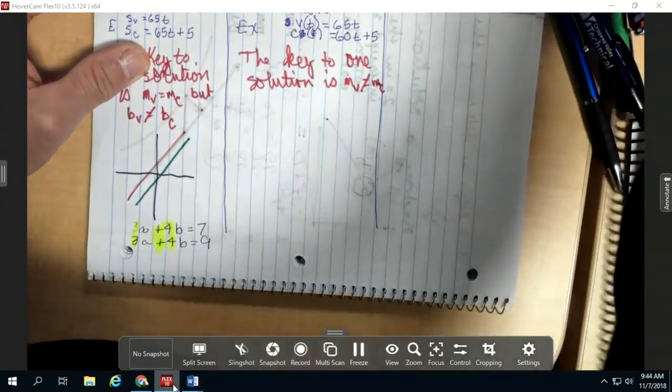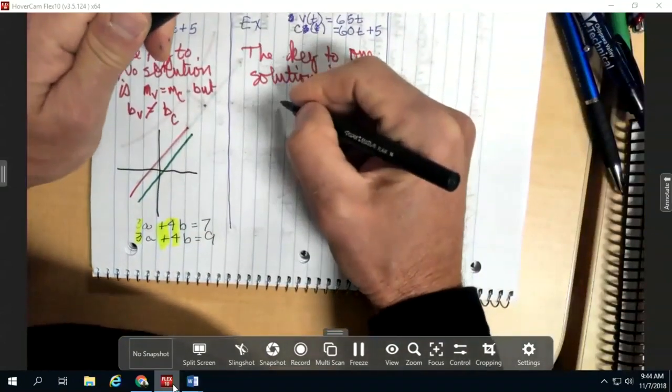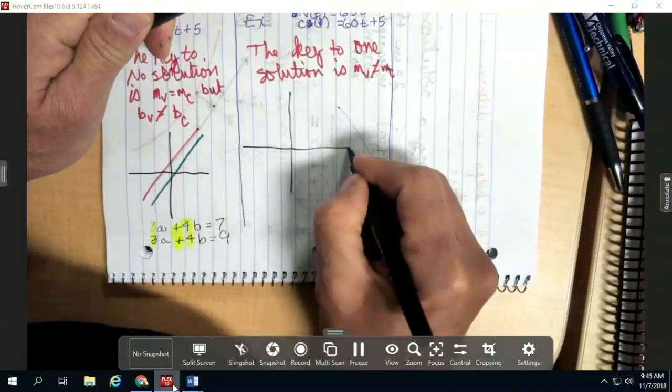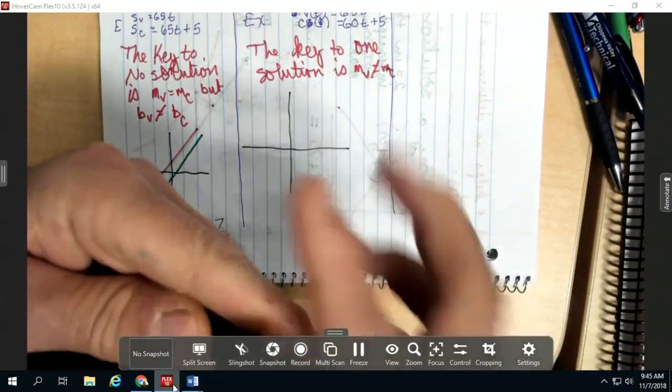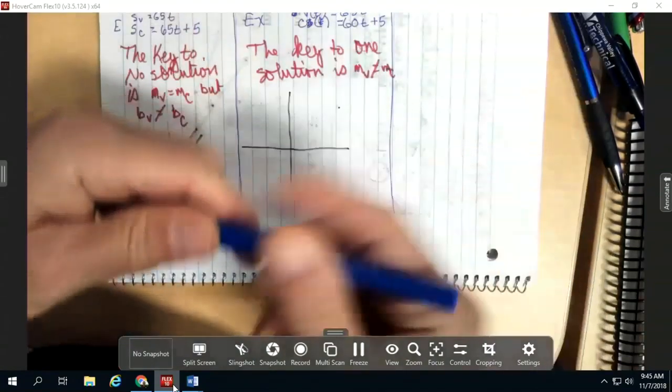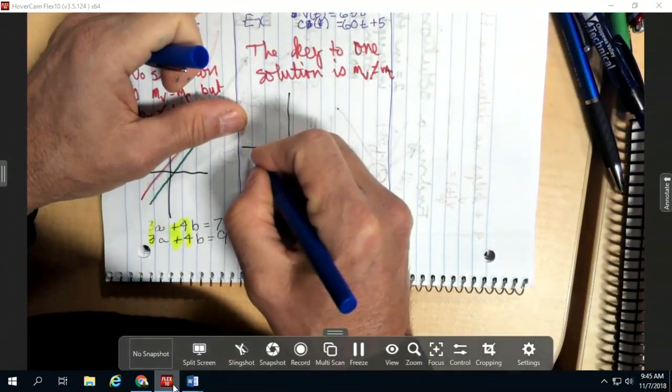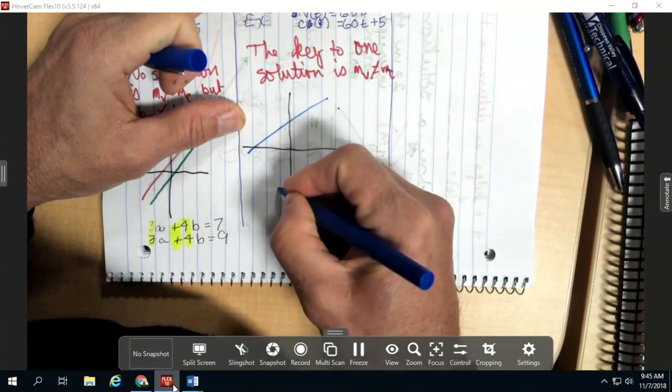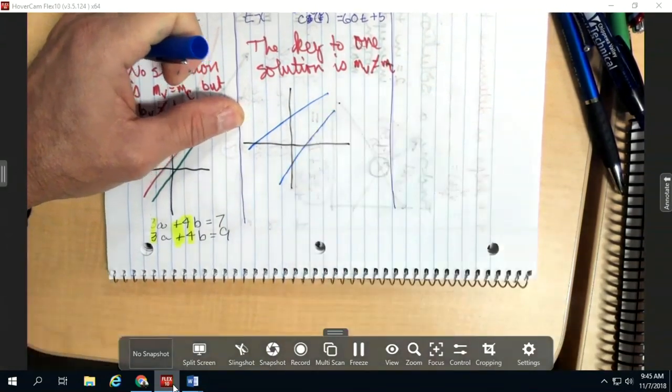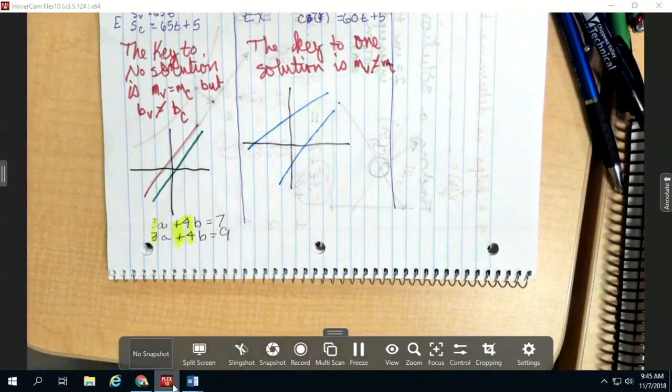So how do you tell from a graph that there is one solution? Now you may say the lines cross. Do you remember this one from yesterday? When we were graphing this one yesterday? Did the lines cross? No. But if you were going to search for where the lines cross, which way would you go?